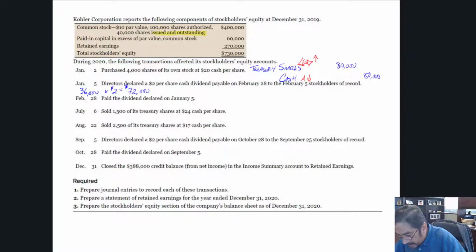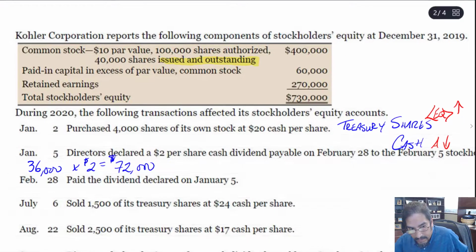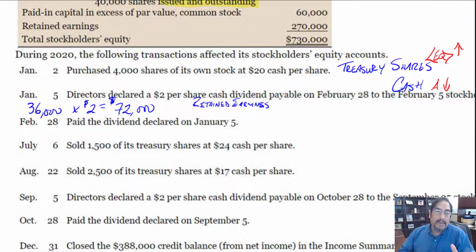We're going to debit retained earnings, even though I really don't like doing that.